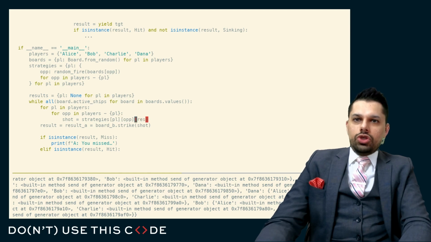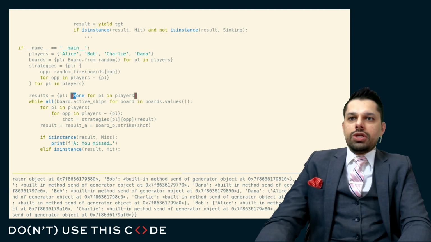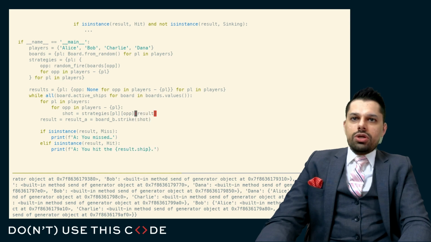For the result, I guess the results need to be a map, so they need to be a map for each opponent as well. So here, there we go. And then you can give this the results for that player for that opponent. Very good.